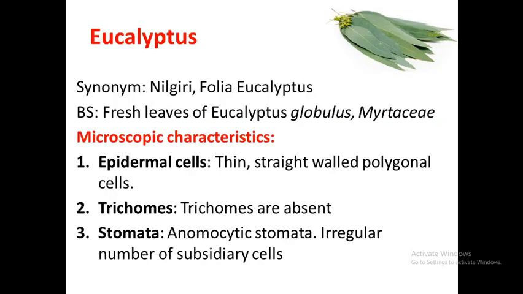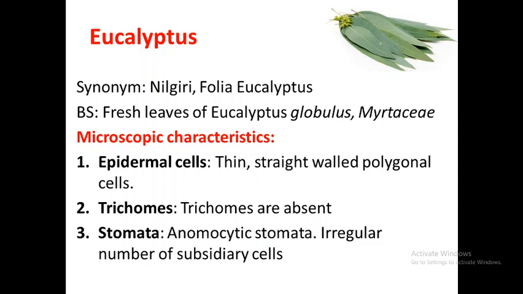Next, the eucalyptus plant. This is also known as Nilgiri or Folia eucalyptus. These are fresh leaves of Eucalyptus globulus belonging to family Myrtaceae. So microscopic characteristics of eucalyptus shows the epidermal cells, the first important microscopic characteristic.